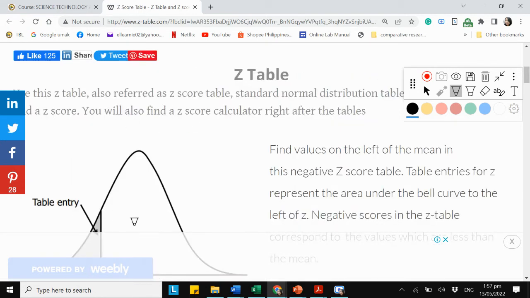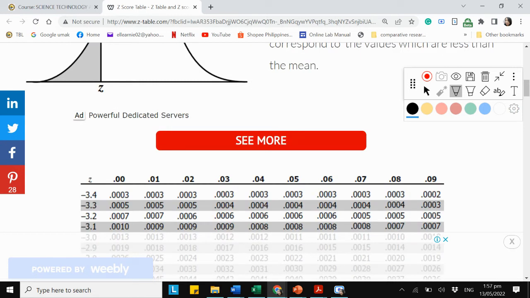Okay? So let's have an example here. Gamitin na natin si Jamboard. Okay? Wait lang guys.